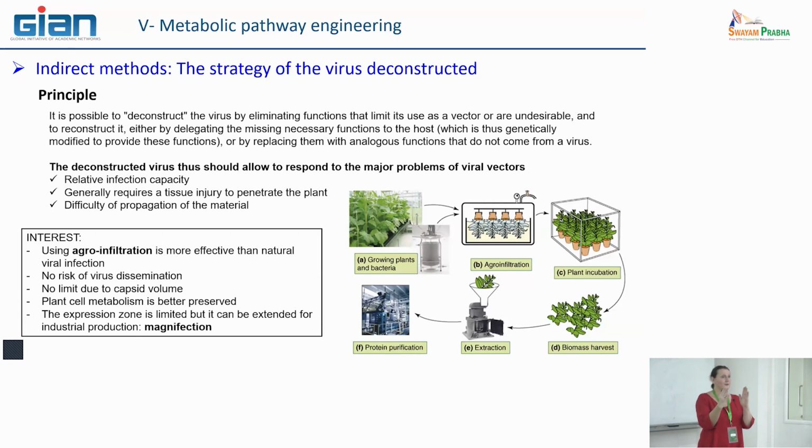But as it is a virus sequence, all the proteins of interest that have been included in this vector are overexpressed in a very, very efficient amount. So it means that in 3 or 4 or perhaps 10 hours max, you may have lots of recombinant protein produced in your leaf, and after you just have to harvest this biomass and make the extraction process until the purification to have the recombinant protein you want.